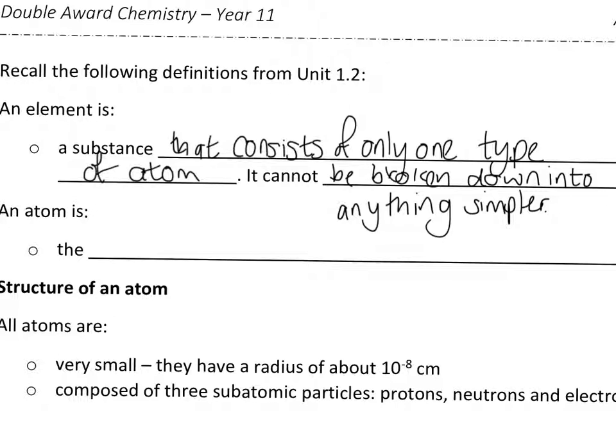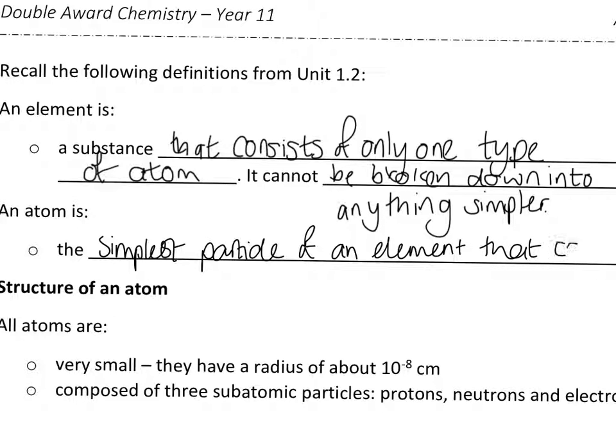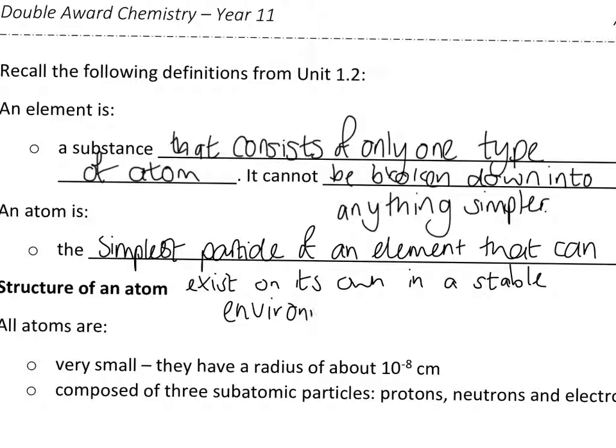This is a little bit more of a tricky one, but an atom is the simplest particle of an element that can exist on its own in a stable environment. Okay, make sure that's written into your notes.